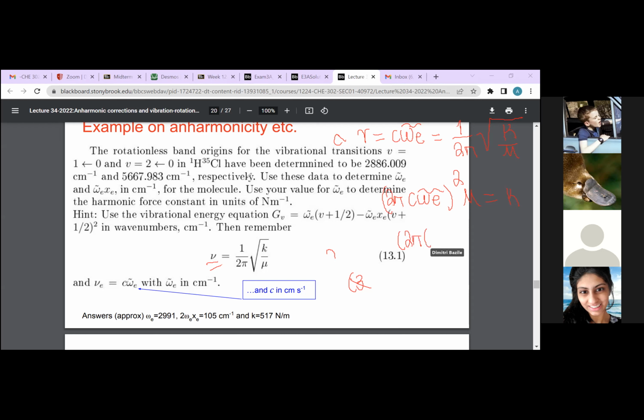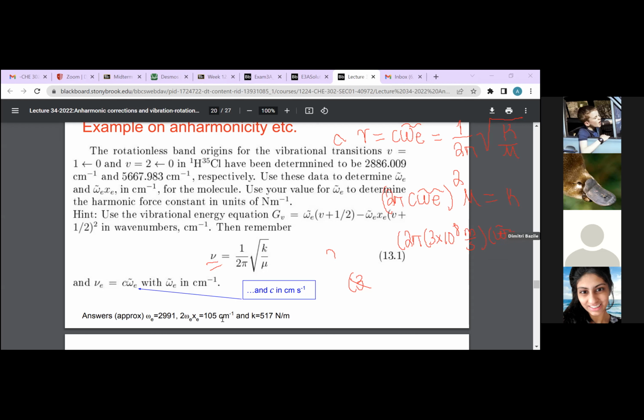Then it's 3 times 10 to the 8th meters per second, times WE, whatever that value is. It's 2991, it's at the bottom, the answer. Does it tell you the units? I think it's the same as the W, centimeters to the -1.